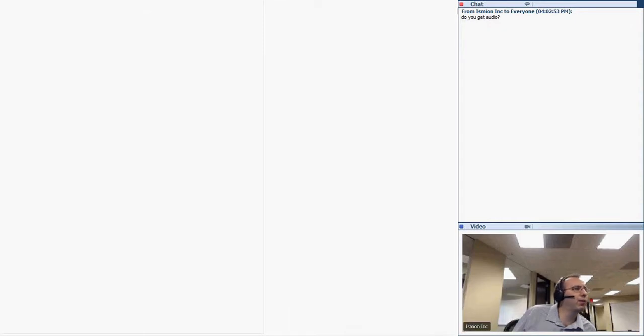Correct me if I'm wrong, does anybody know if you can have a 64-bit guest on a 32-bit host, Ubuntu? Is your machine 64-bit? I think if your machine is natively 64-bit, you can do that. That'll be okay. That's fine.